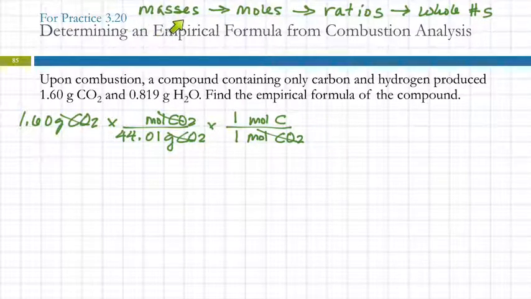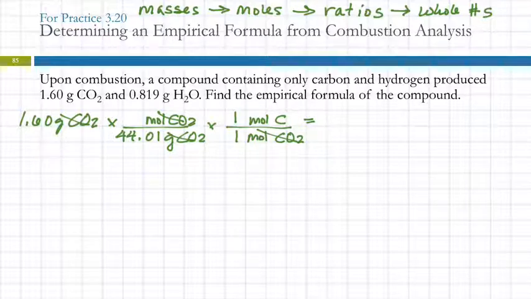But when I get grams of carbon, what's the first thing I do? I convert it to moles of carbon. So maybe let's just stop here at moles of carbon. So 1.60 grams of CO2 divided by 44.01 times 1 over 1.